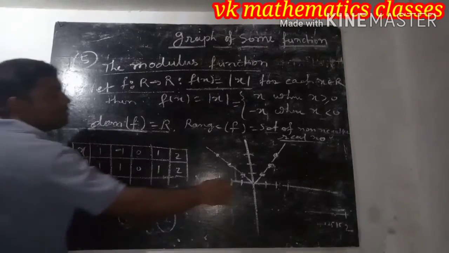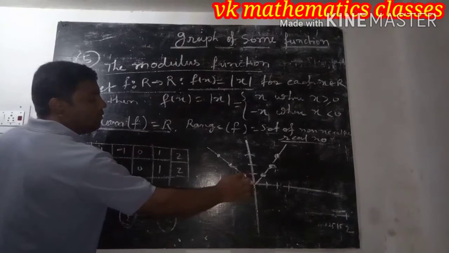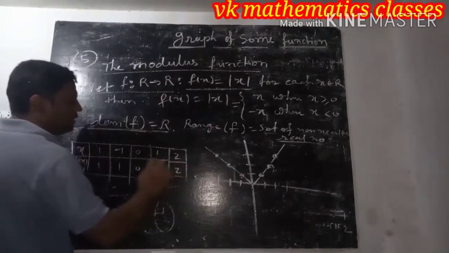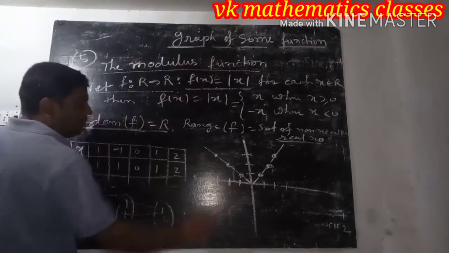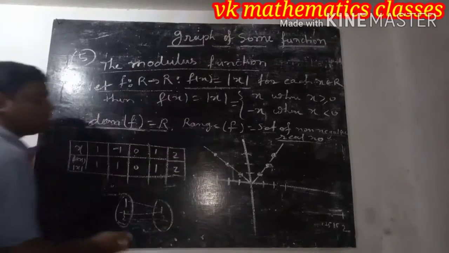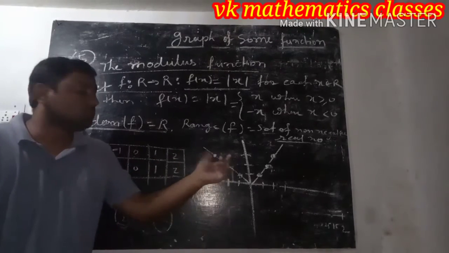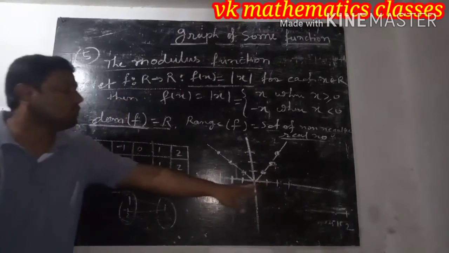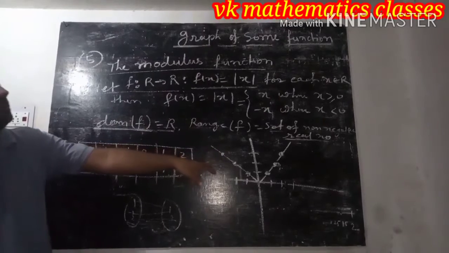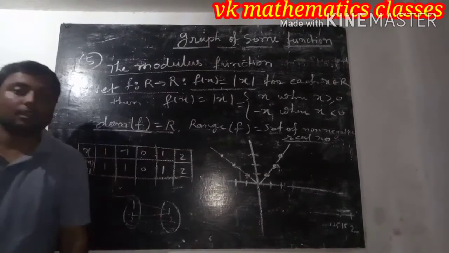This is the point (1, 1), (-1, 1). 0, 0 is the origin. 2, 2 and -2. And if we take x equal to -2, it is also 2. So join these points and we draw the graph of the modulus function. So this is the graph of the modulus function.